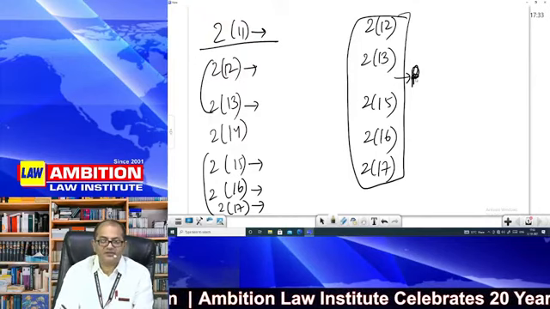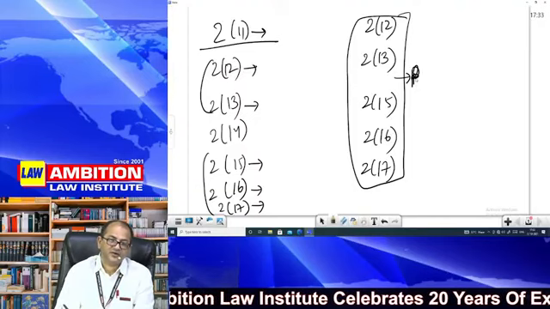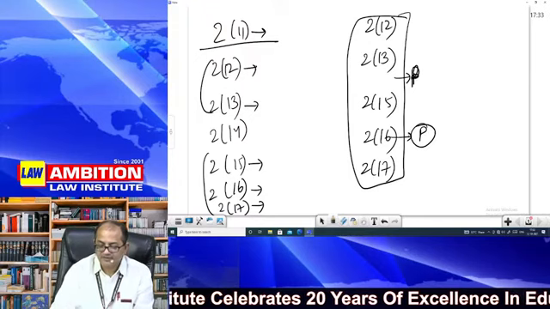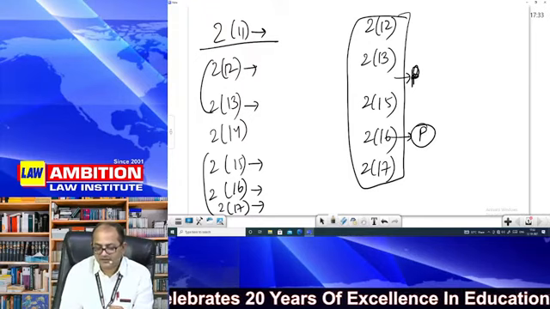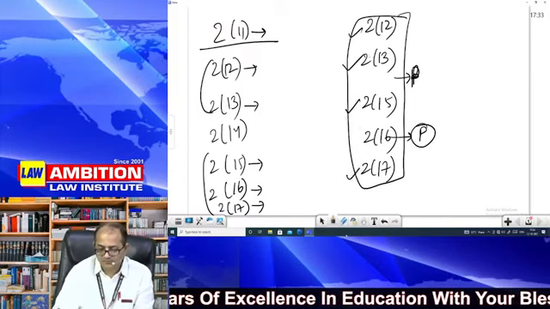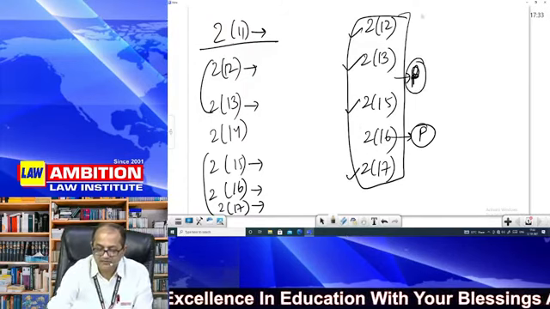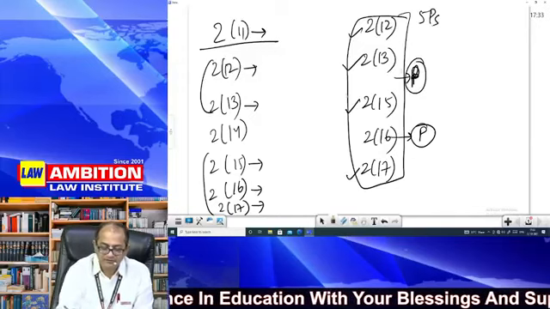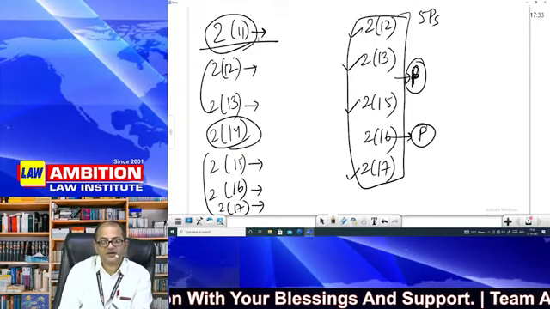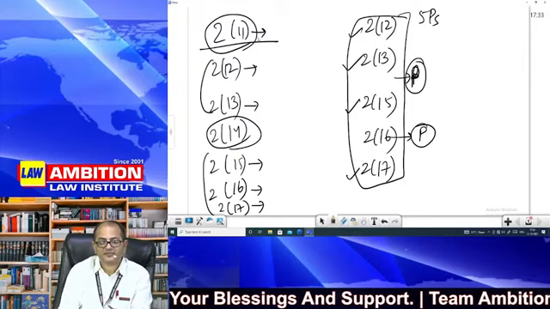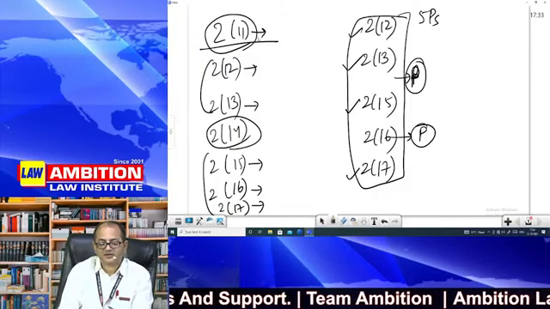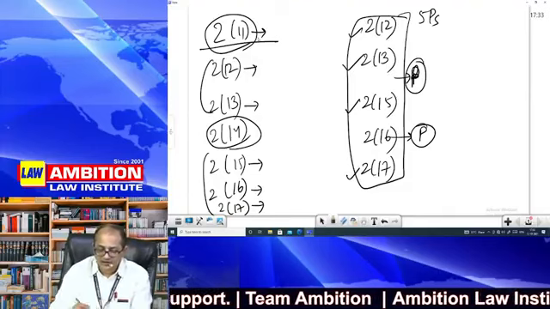P is the 16th alphabet. So in 16 there will be P. That is how you can keep in mind. Then just above it, just below it, and then 212 and 213 also P. So these are five P's. Only 14 and 11 I have left. Is this clear? Now these are all from P.